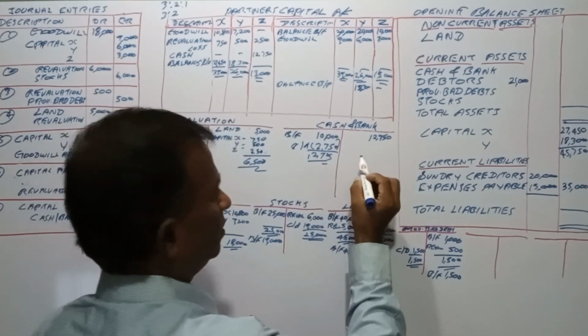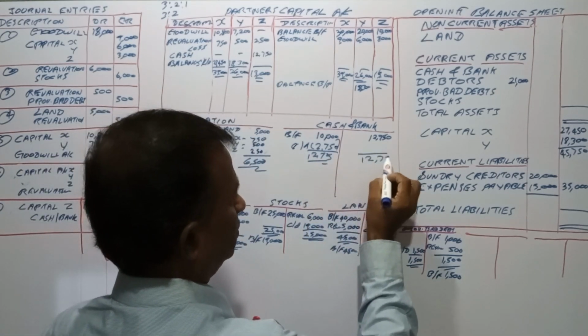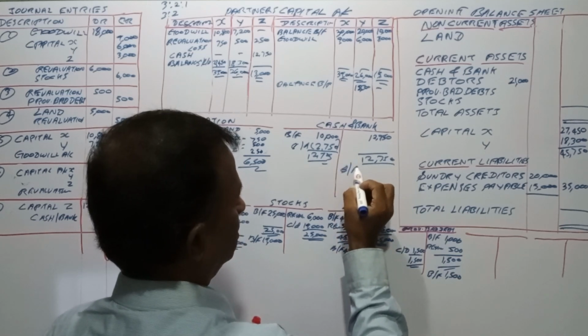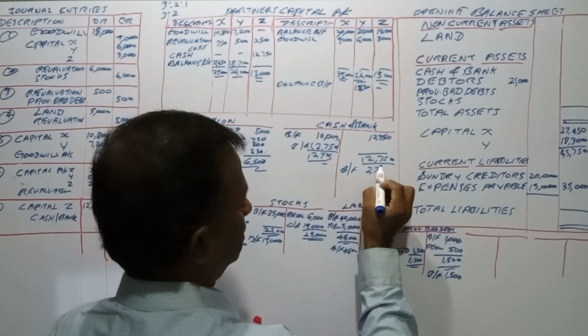Then carried down value should be 12,750, and brought forward 2,750.